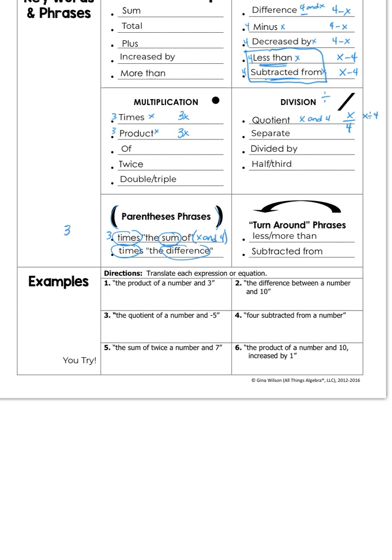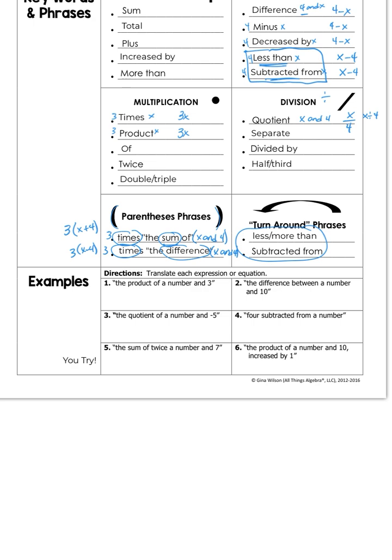So I would just do 3 and then parentheses, sum of x and 4 is x plus 4. If I did 3 times the difference of x and 4, I would put this in parentheses. So x minus 4. And then I'm going to multiply that by 3, so I put the 3 in front. All right, the turnaround phrases are the ones I said earlier. Less than or more than or subtracted from means to turn them around.